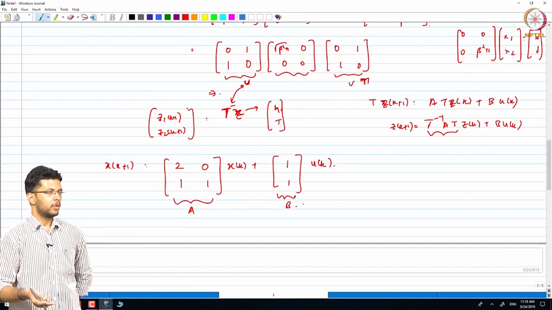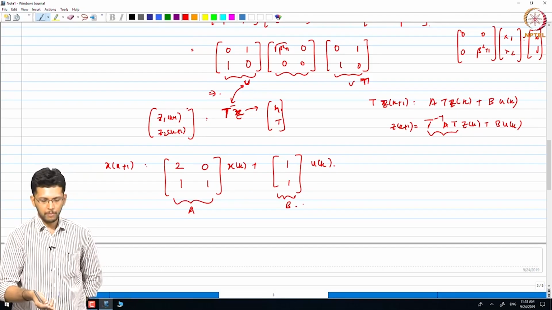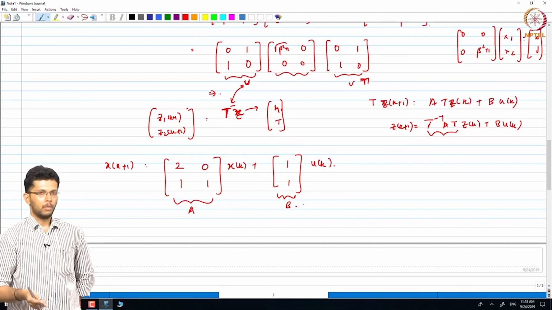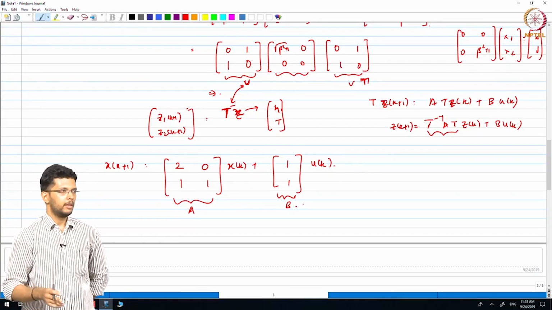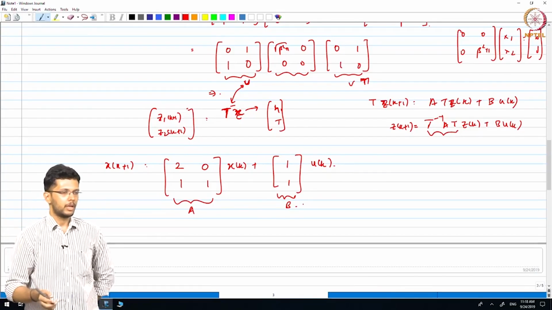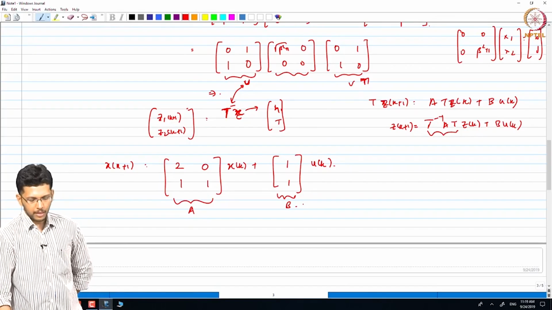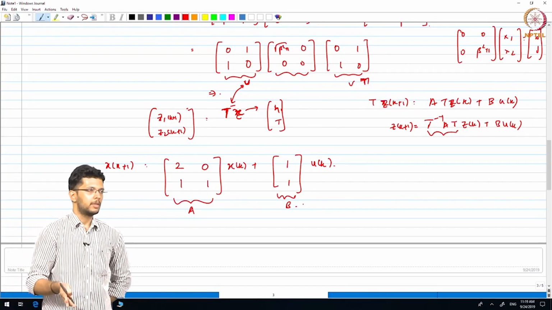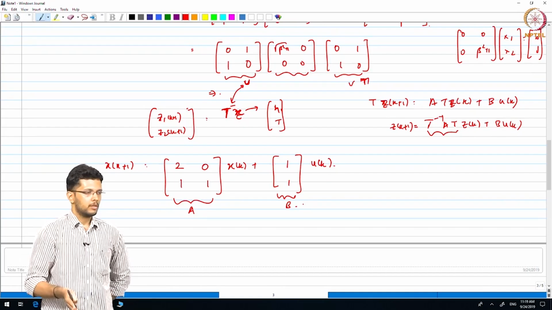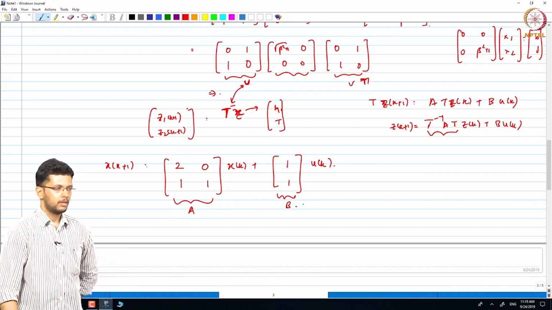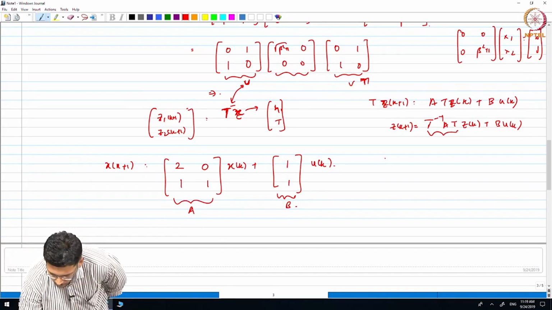How will you compute your controllability matrix for this? Do you want to try? I'll give you 2 minutes, just try. If you have any queries, you can ask me. When you just see the system, you can clearly say that the system is controllable. So is the system reachable? Check for that also.